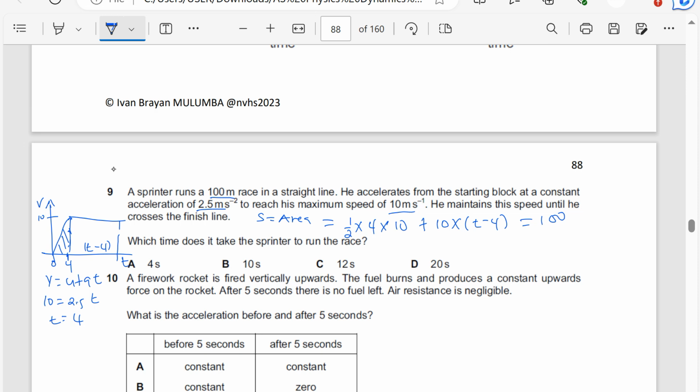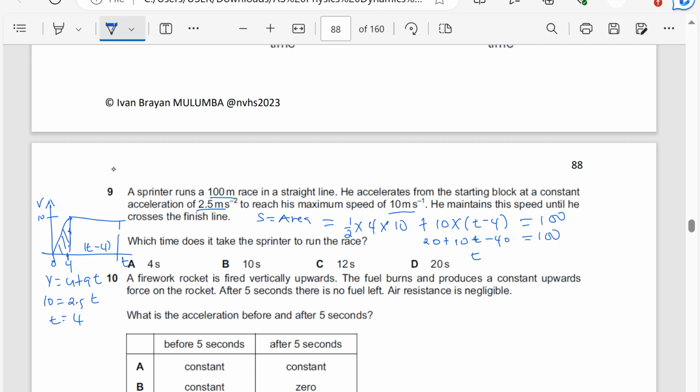So I will just check my calculator. Half times 4 times 10, that is 20. So we have 20 plus 10t minus 40 equals 100.